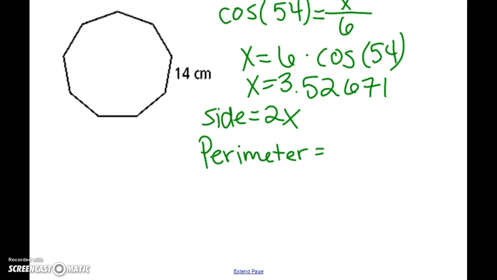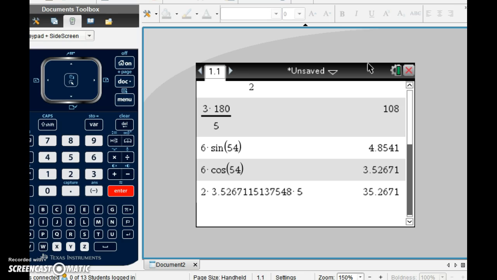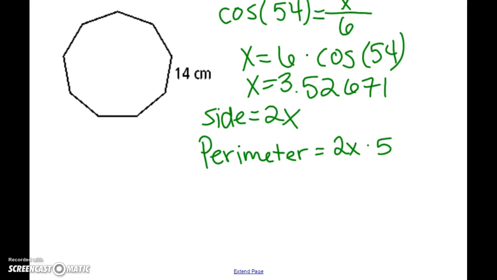We have 2x for our side length and 5 sides. When I plug that into my calculator, I appear to get 35.2671. So my perimeter is 35.2671.